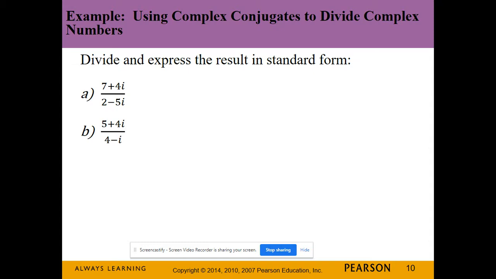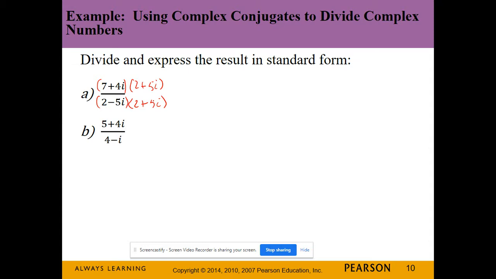So in order to simplify the fraction in part A, we are going to multiply numerator and denominator by the conjugate of the denominator, which is just the same terms with an opposite sign.